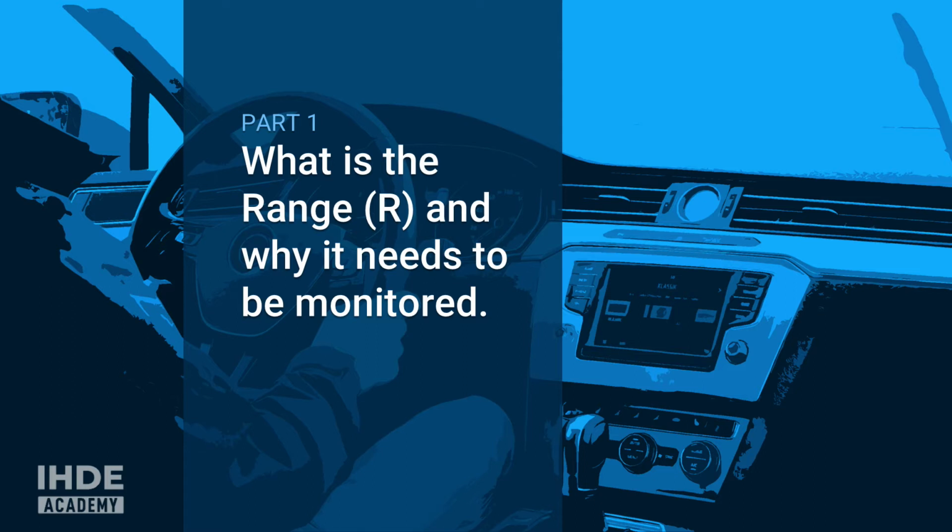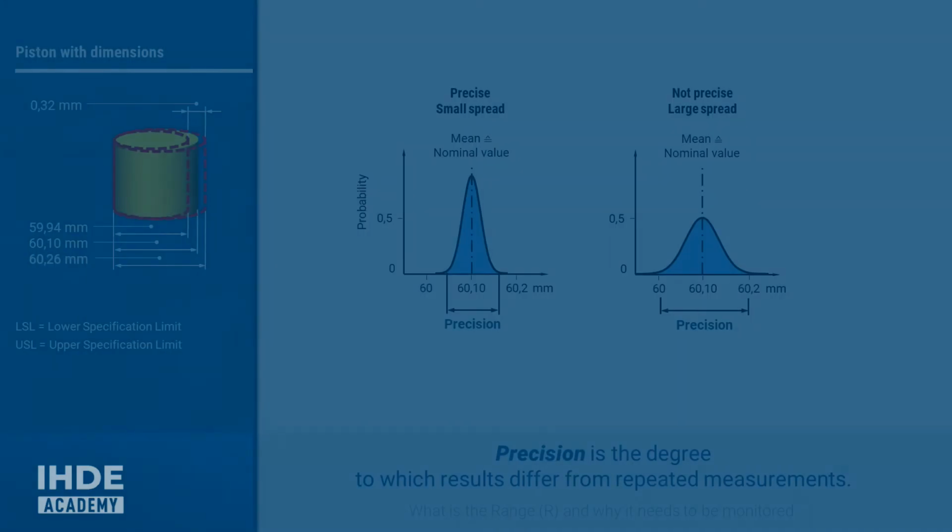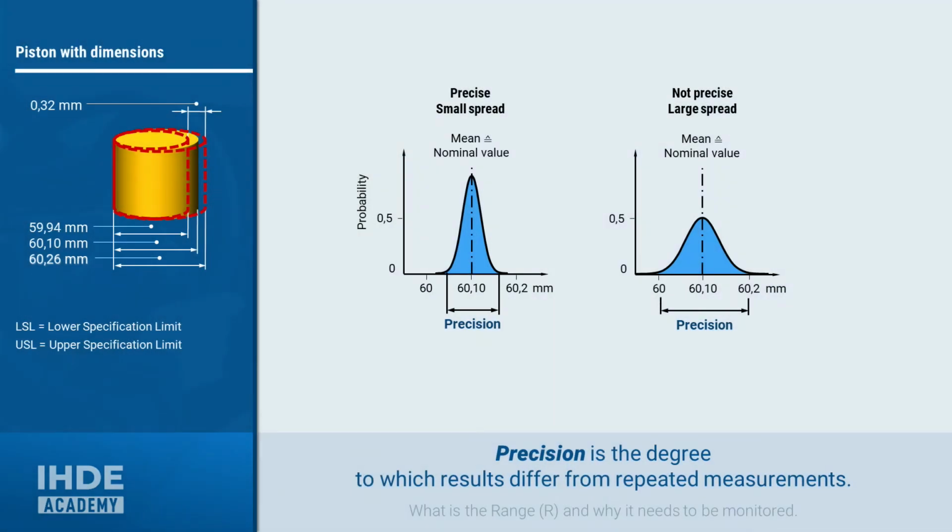Let's start with the basics of range and spread and why it should be monitored. As a practical example, we take this tried and tested piston again. The product characteristic to be monitored is the nominal diameter of 60.1 mm. In one of the basic lessons, the difference between precision and accuracy was explained in detail.